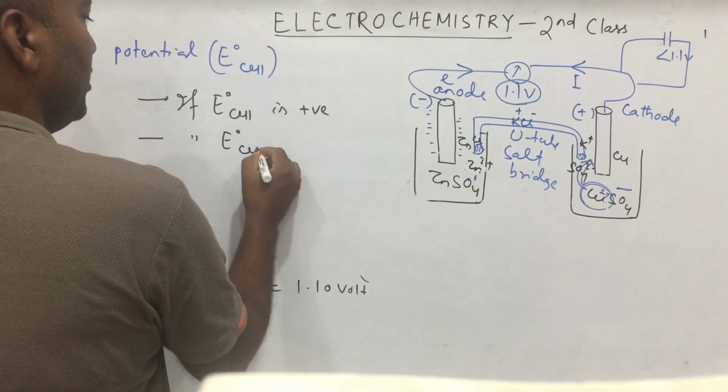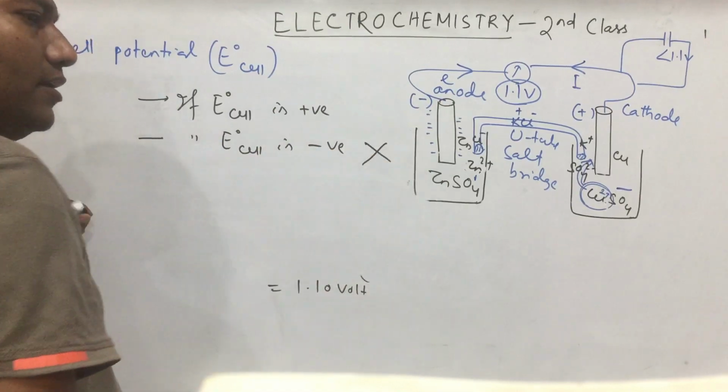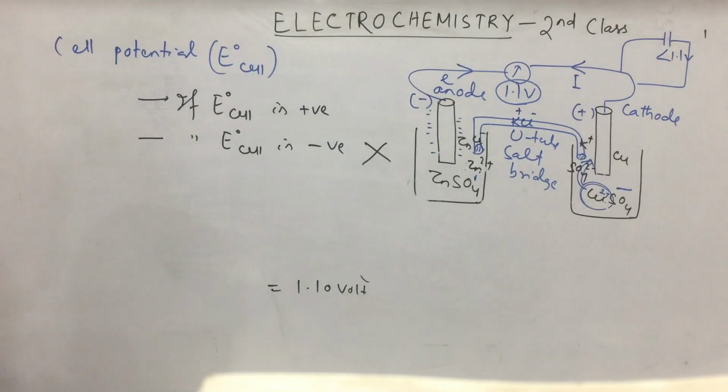If E° cell value is negative, this reaction is not possible. Similarly, when the E° cell value is 0, actually it is not possible. Clear now? So this is the significance of cell potential. When the cell potential value is positive, the reaction is feasible.